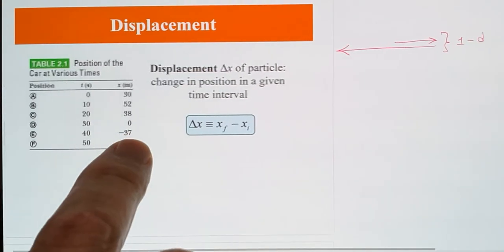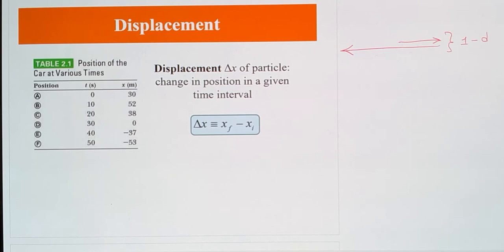Because it's motion in one dimension, if the number has a positive or negative sign, that means it's displacement, it's a vector. If it does not have a sign, that means it's just a distance.